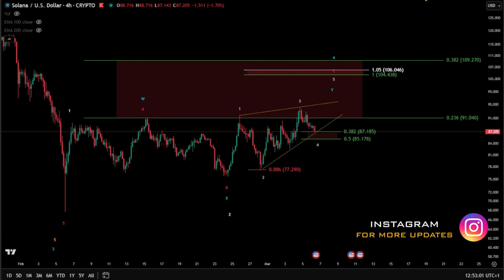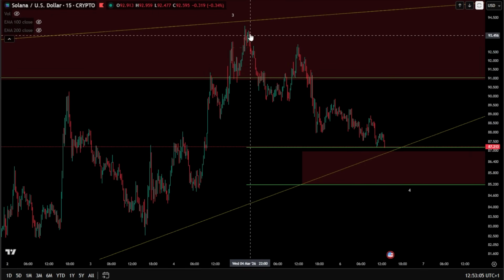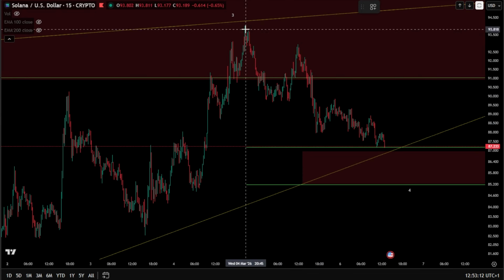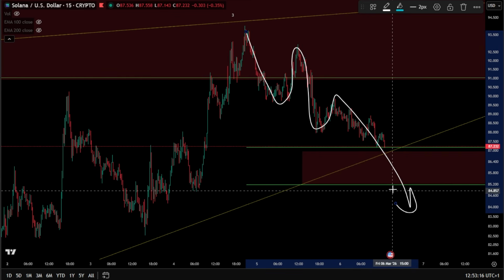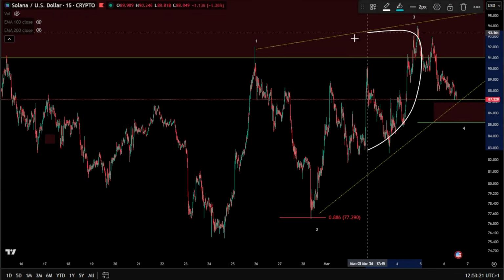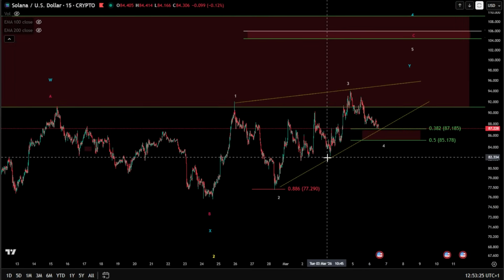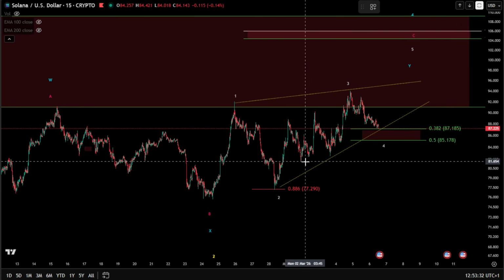If we dive inside it on the 15-minute chart to analyze this drop, right now we have a potential A, B, and a C unfolding here, or double 1 2, meaning 1 2 1 2, and then wave 3 towards the downside. I doubt the double 1 2, because that means something is wrong in this wave here, which is looking somehow like an expanding diagonal and not as an ending, contracting diagonal.